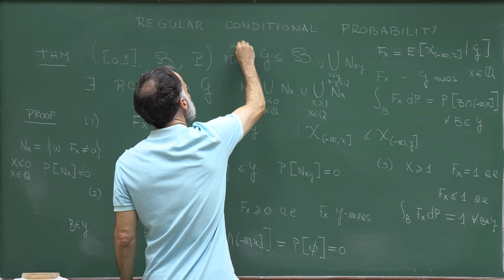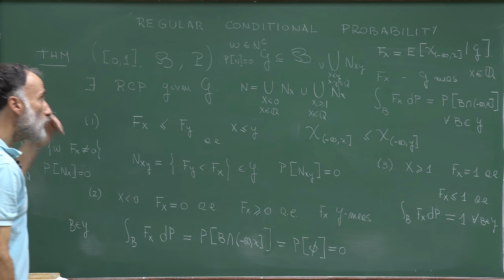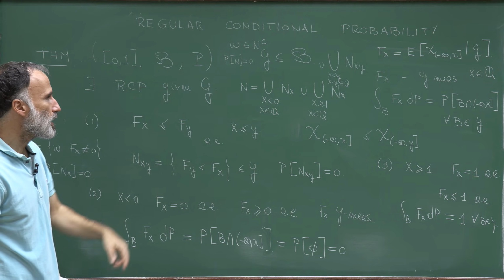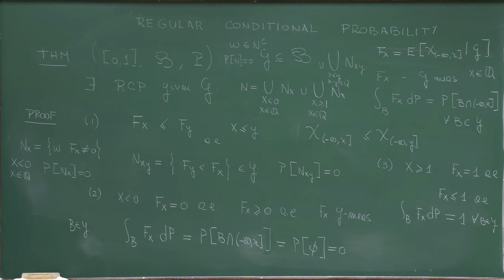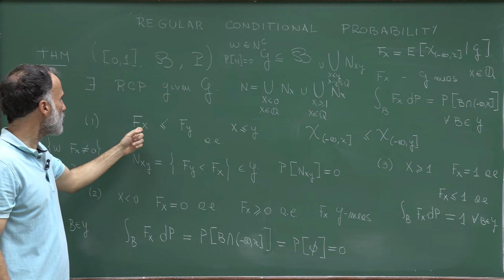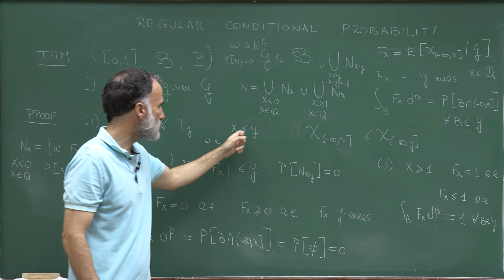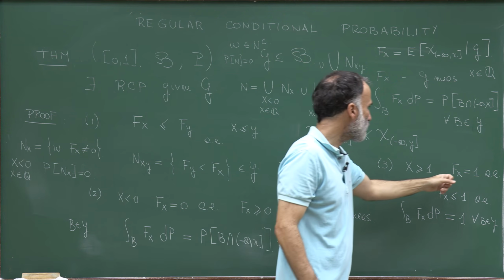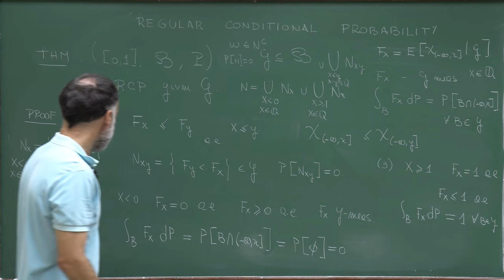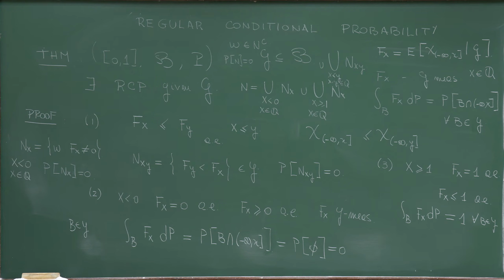And now I will fix omega, which belongs to the complement of n. So if omega belongs to the complement of n, all these statements are correct, which means that fx of omega is bounded by fy of omega if x is bounded by y, fx of omega is equal to 1 if x is larger than 1, and fx of omega is equal to 0 if x is smaller than 0.